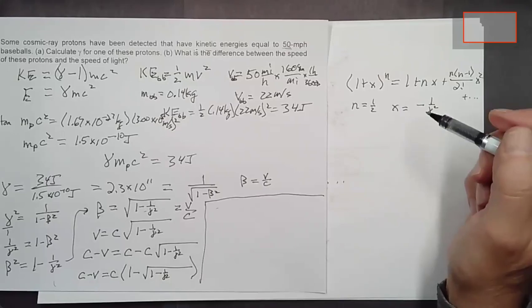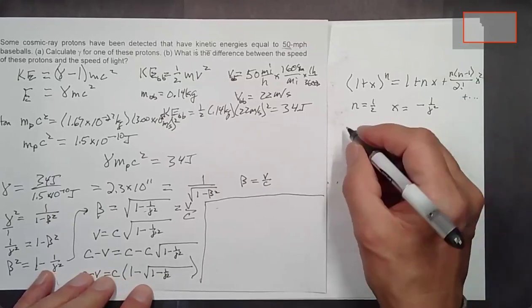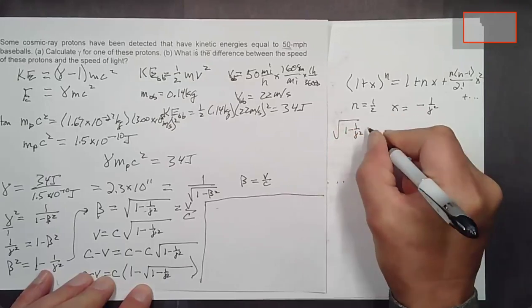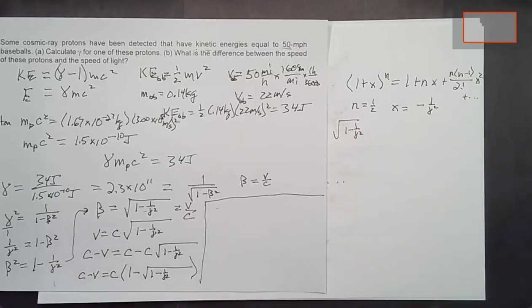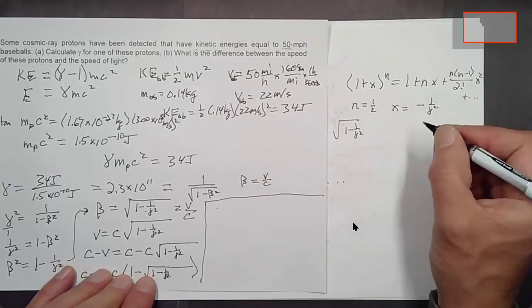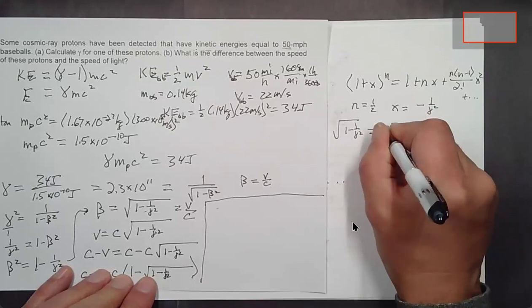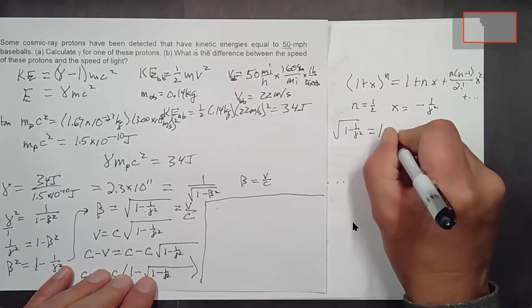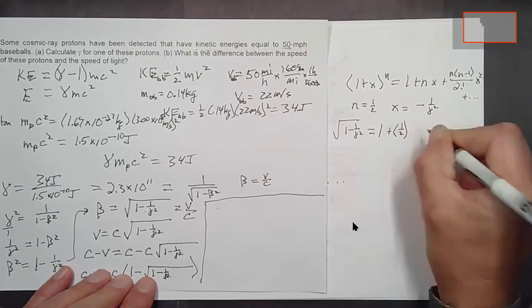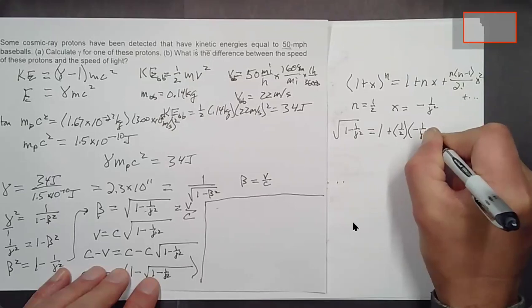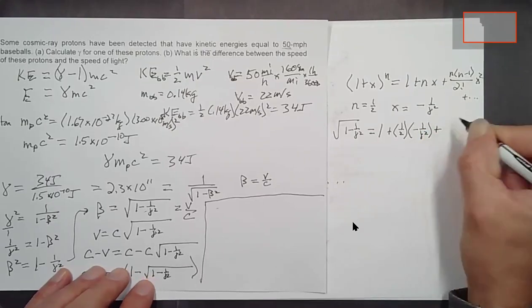Okay. And so this square root of 1 minus 1 over gamma squared, I hope this is still legible for you, that you're not watching this on a phone. I've got too much stuff up here. That will become, okay, we've got 1 to start with, plus n, which is 1/2, and x is minus 1 over gamma squared. And then the next term in the series, we can do it in our heads.